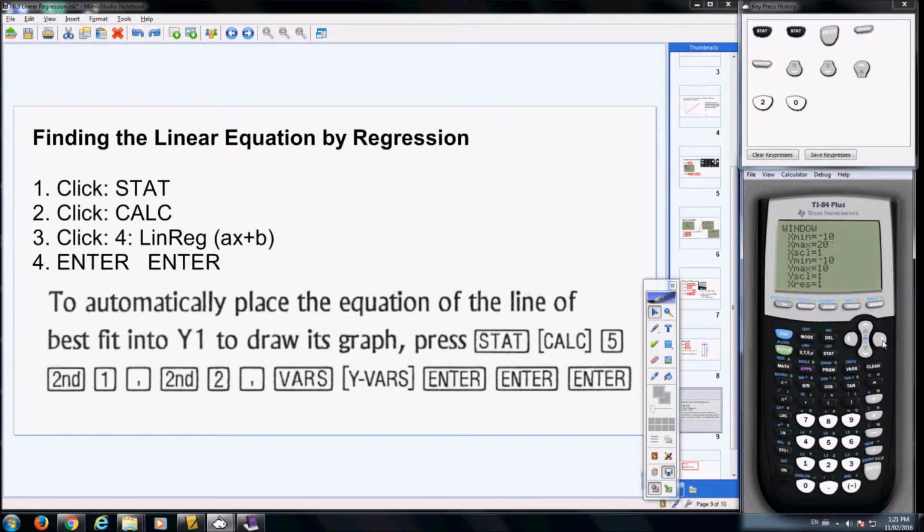And my Y's started at 32 and went up, so I'm going to have to change my Y max as well. So scroll down, and I'm going to change my Y max up to 75, and that exceeds the 65 that my data showed.